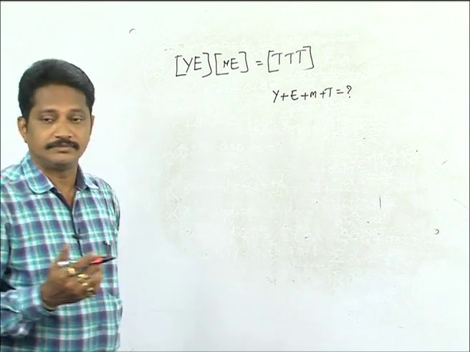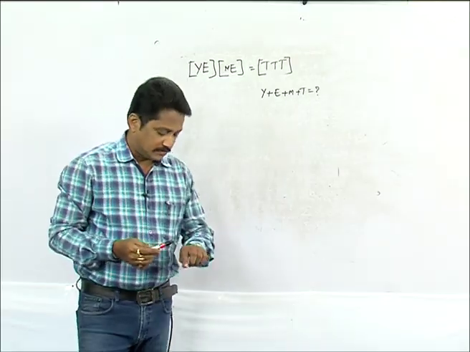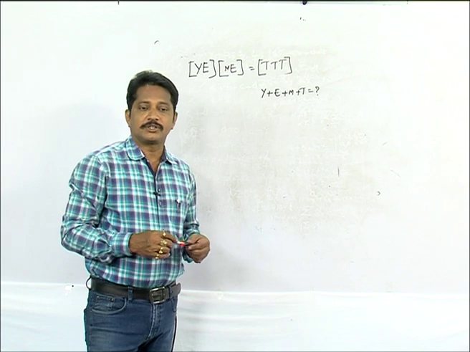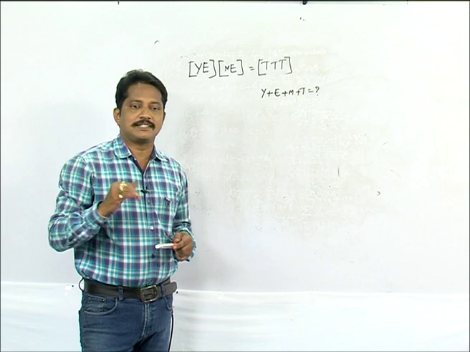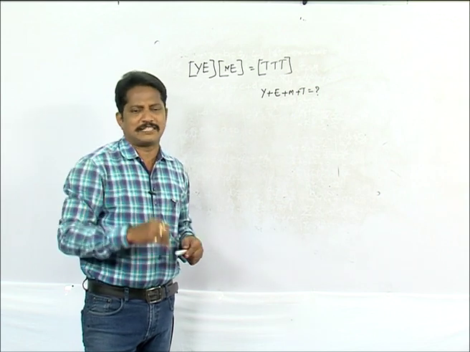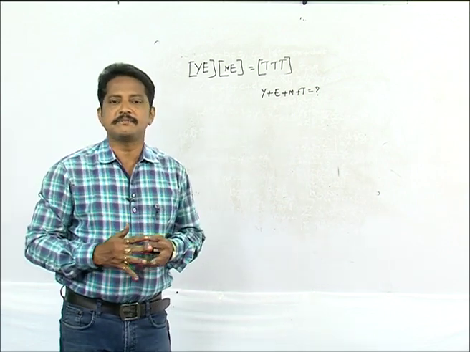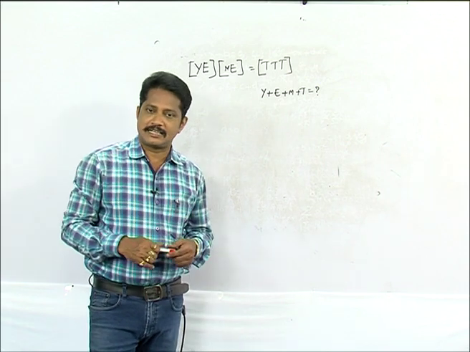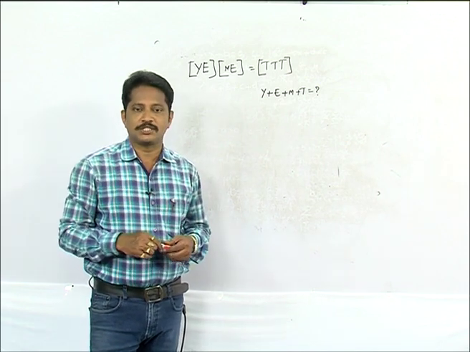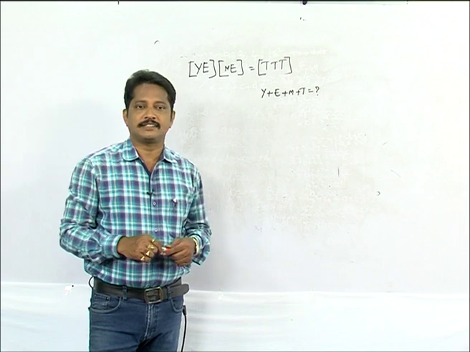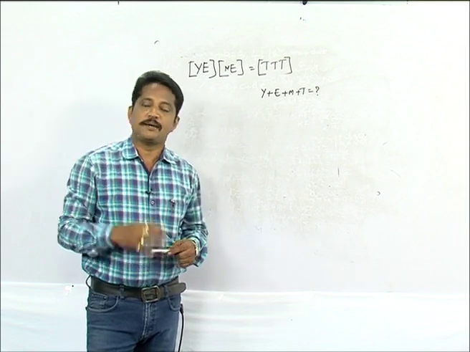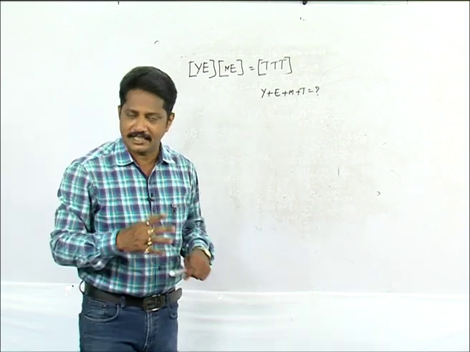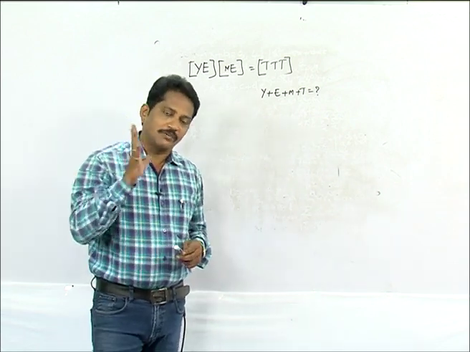Okay. How to do it? This is most important. So, now I am starting with triple T. When you consider triple T, what are its possibilities? Triple T may be 111, 222, 333, 444, 555 up to 999, correct?